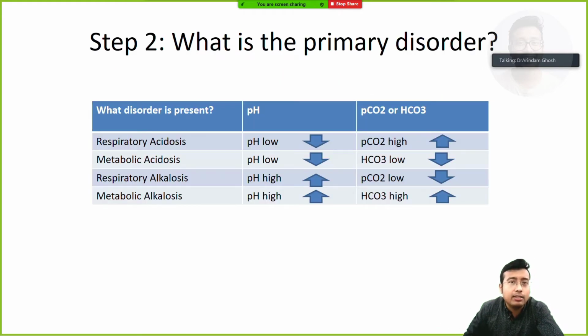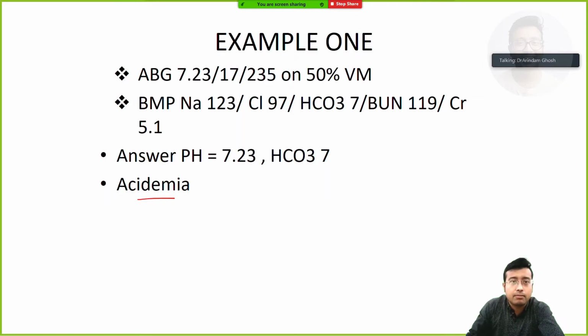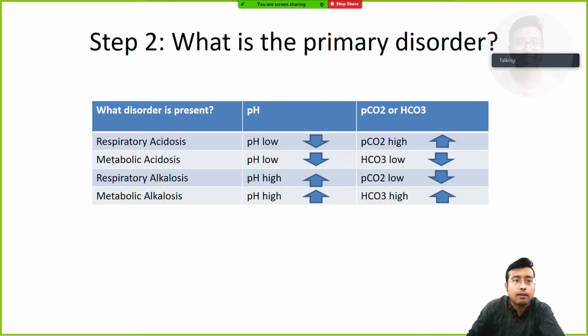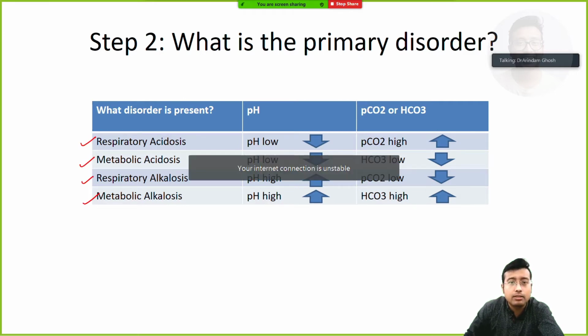What is the primary disorder over here? Just look at this one more time. This is PCO2 and this is bicarbonate. If you look at this carefully, what is your diagnosis?